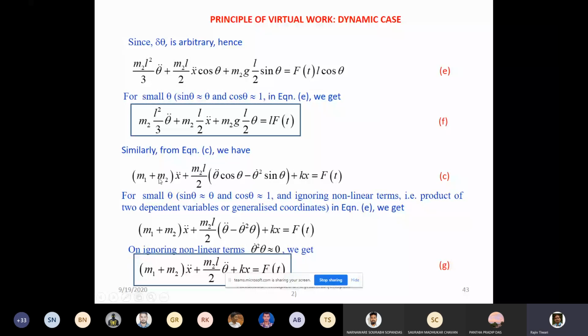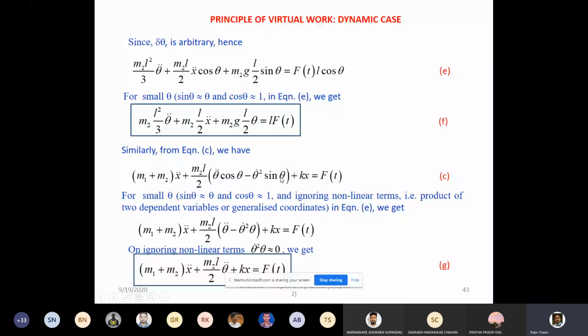I have rewritten it here. This is a nonlinear equation. The simplifications which we want to do for small angle, we'll do. If we perform this operation, sin theta will become theta, and we reduce to this.